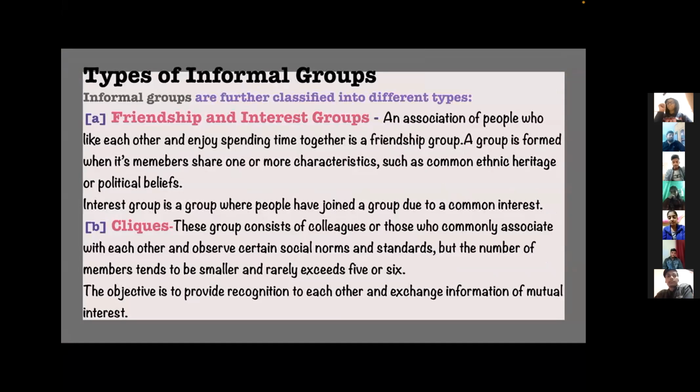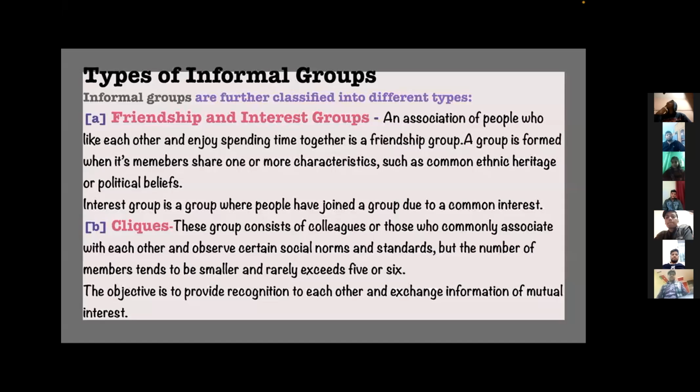Now, the second type is cliques. These cliques are formed on the basis of social norms and standards existing in the company. There are only 5 or 6 members in this type of group. These are basically formed to provide recognition to each other and exchange information of mutual interest. It can be horizontal, vertical, or mixed.